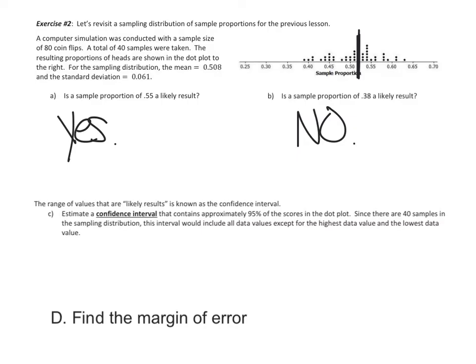I'm going to guess, it says everything but the highest and the lowest, someplace from like 0.4 to 0.62. And again, this is just an estimate. This is what I'm guessing it to be. Maybe from 0.4 to 0.62, I'm thinking 95% of the data is going to fall. Not all of it, but 95% of it.